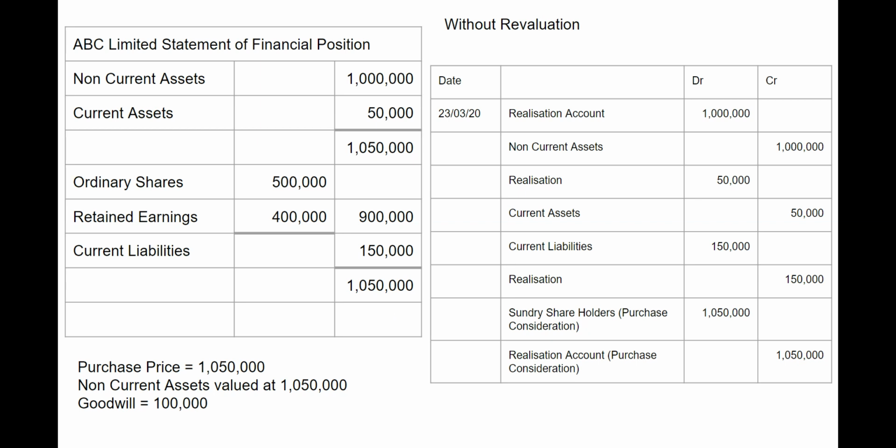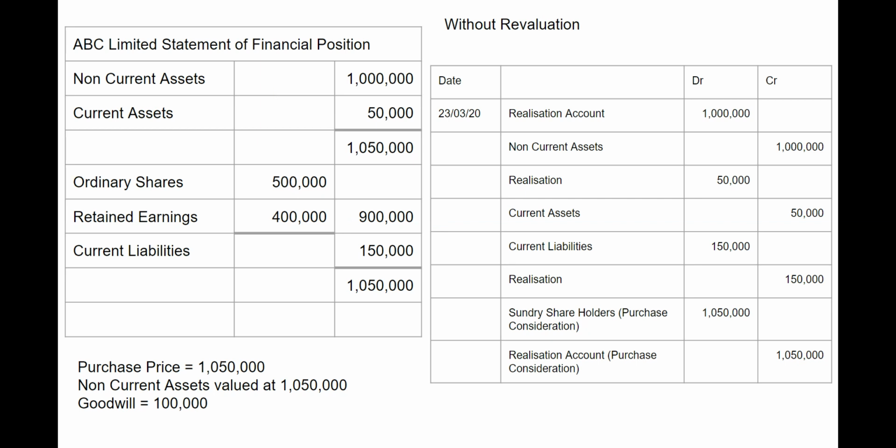Now, unlike calculating the purchase price, the normal way, or the most common way of doing this, we use the existing values in the statement of financial position for doing the realisation accounts and the sundry shareholder accounts. The realisation account, we transfer and close down all the other asset and liability accounts and transfer the values into the realisation account.